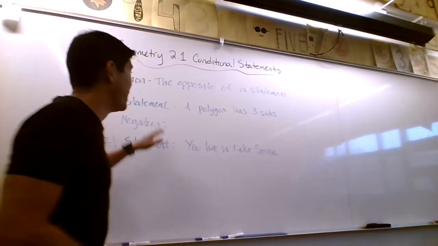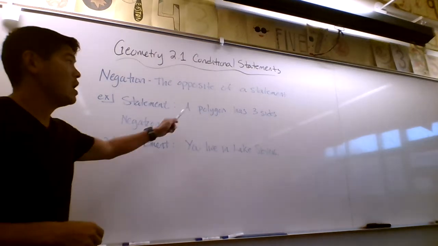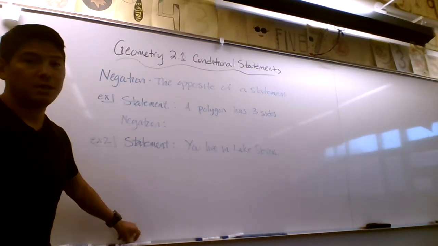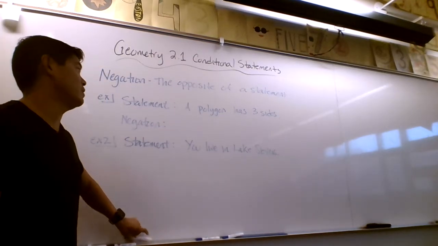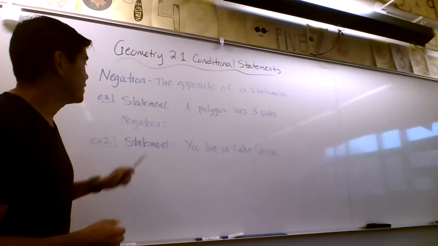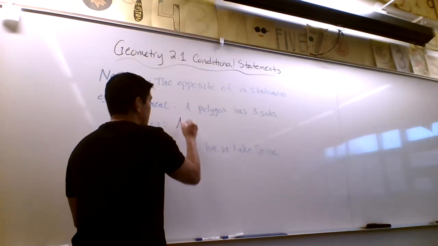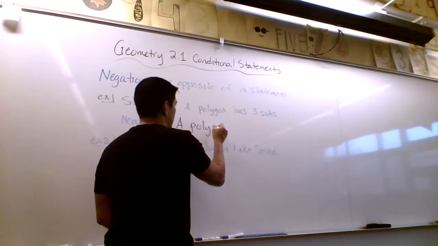So for example, a statement, again, not a conditional statement, but a statement, could be: a polygon has 3 sides. Then the negation of that statement would be the opposite. There's a few different ways that you could word it, but the negation could be worded something like: a polygon does not have 3 sides.